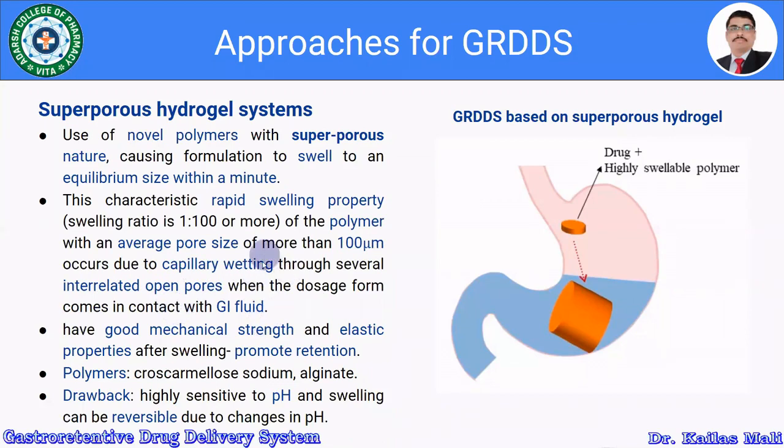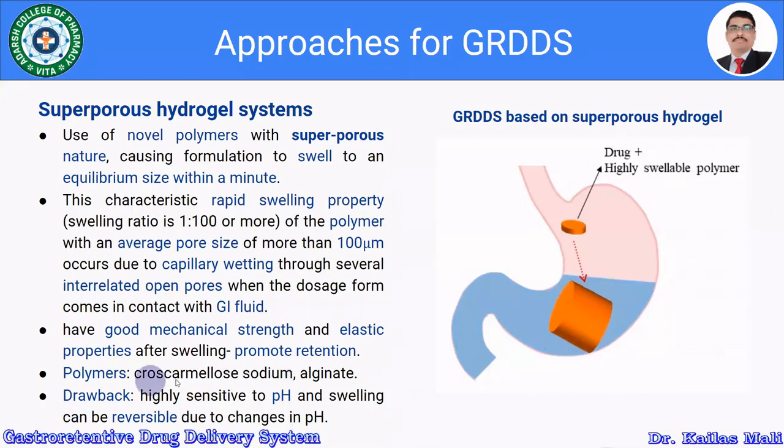So simply, when the formulation is exposed to the gastrointestinal fluid, it is going to absorb water, and within a minute the formulation is going to swell. It has good mechanical strength and elastic properties after swelling, and thereby it can promote retention of the formulation in the stomach for a long time.